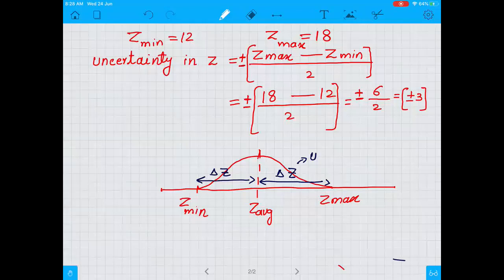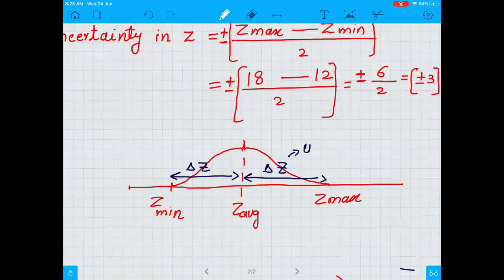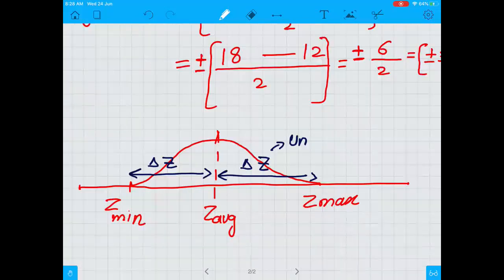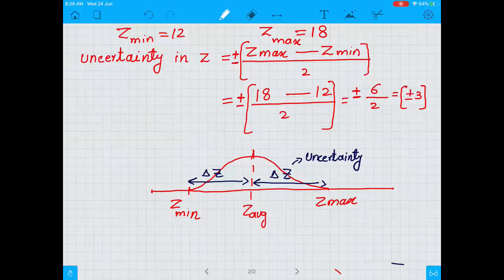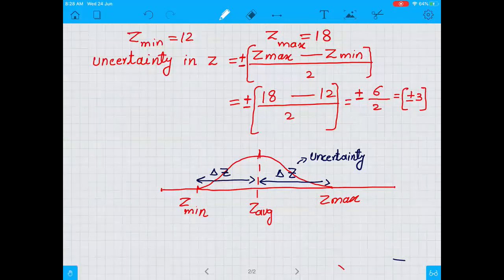As you see, delta Z on both the sides is equal to half of the range. What is the range? The difference between minimum and maximum is called the range. If you make the range half, then it is the uncertainty. Just for example, from this point to this point, it is the range of Z.